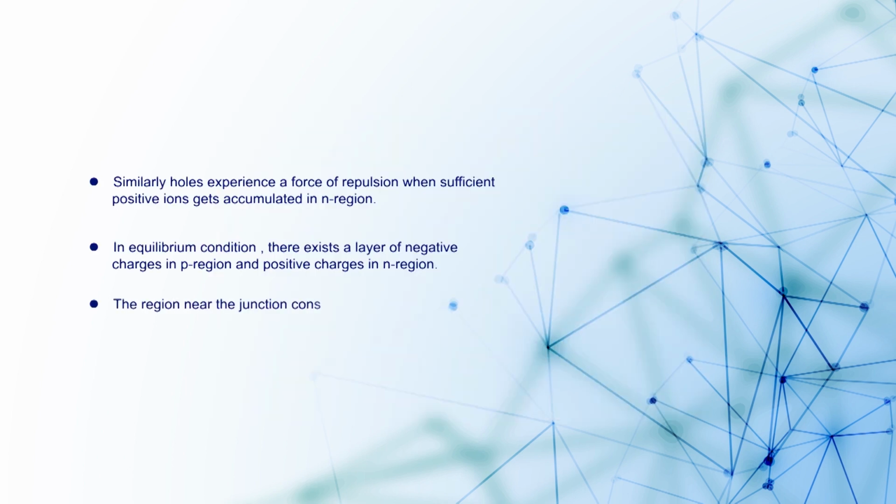Now, the region near the junction consists of negative and positive charges without any free electrons and holes. We have seen in the last figure that the junction point consists of negative and positive charges without any free electrons, since all the free electrons and free holes have recombined with each other.